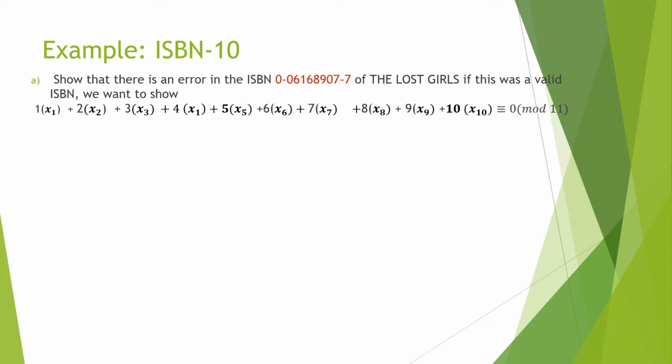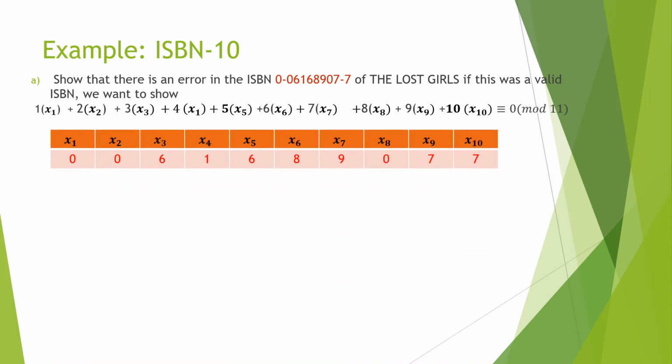In order for us to say that the given ISBN is valid, it should arrive at 0 modulo 11. So first, we have to label all the digits from x sub 1 up to x sub 10, from 0 as our x sub 1 up to the last digit 7 as our x sub 10.